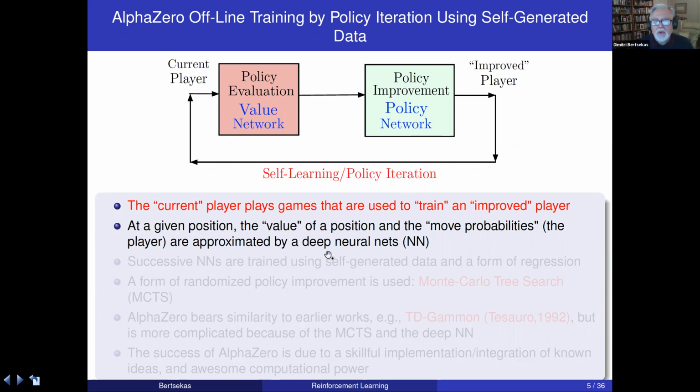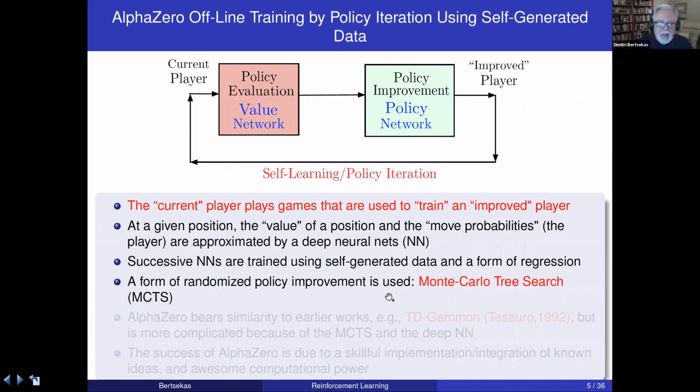These networks are actually deep neural networks, and there's a lot of interesting methodology that goes into the training that we are going to cover sometime later in the course, probably in the second half of the course. The training involves regression. It involves the data that's self-generated by the program itself through self-play. The policy improvement is intricate, and I'm not going to try to give you all the details here.